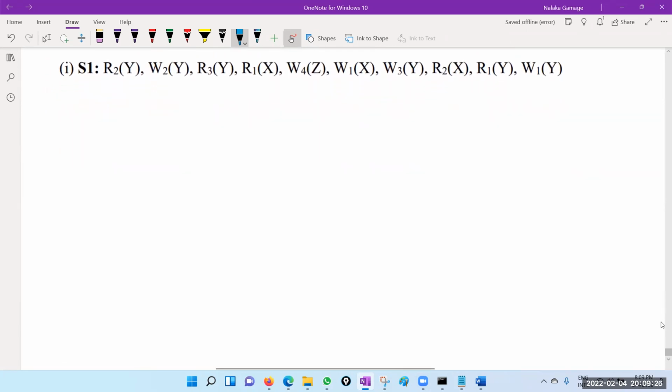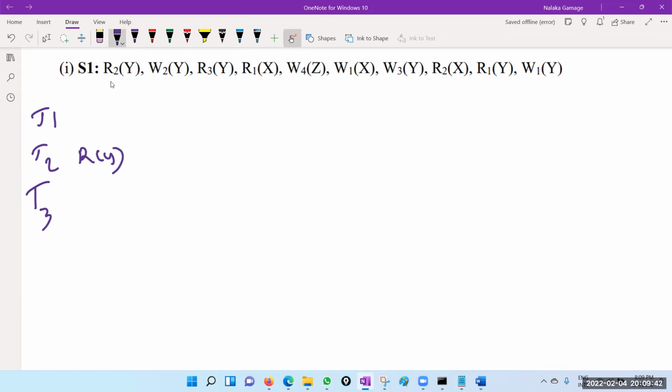Okay, so let's do it. Transaction 1, transaction 2, transaction 3. Transaction 2, read; transaction 2, write; transaction 3, read; transaction 1, read X. When you put it like this, it's easier.